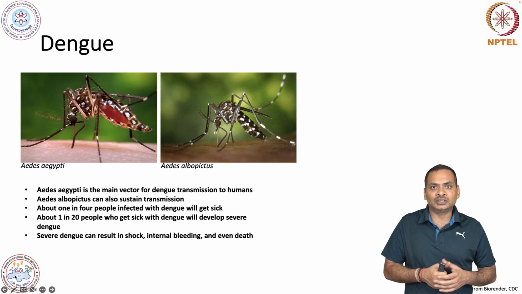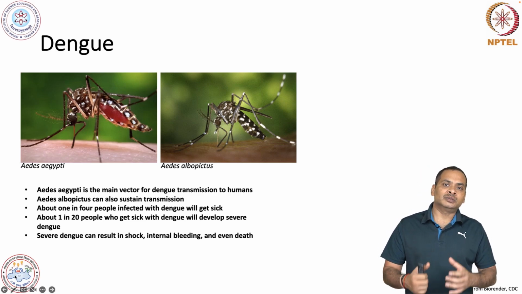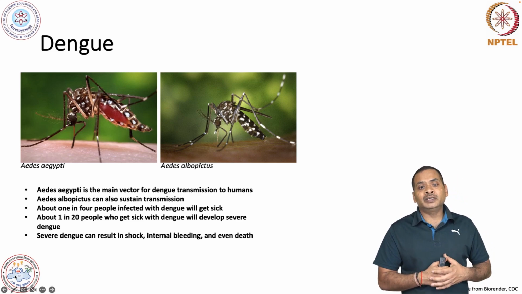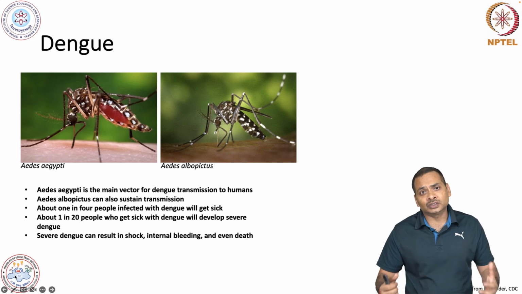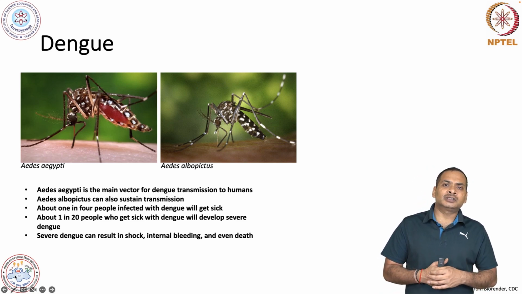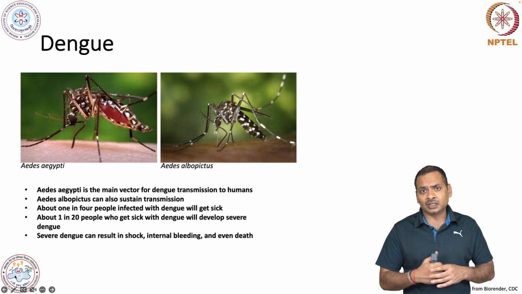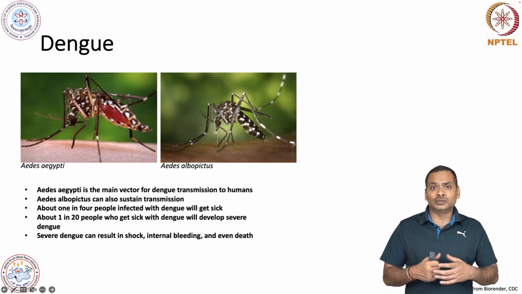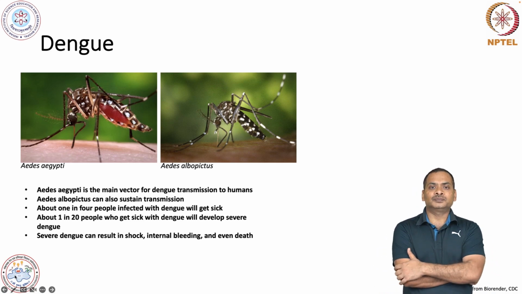That's why we call it dengue hemorrhagic fever. There will be internal bleeding, and if the patient is not receiving appropriate healthcare support, then that may result in the death of the individual. It's very fatal, very dangerous.